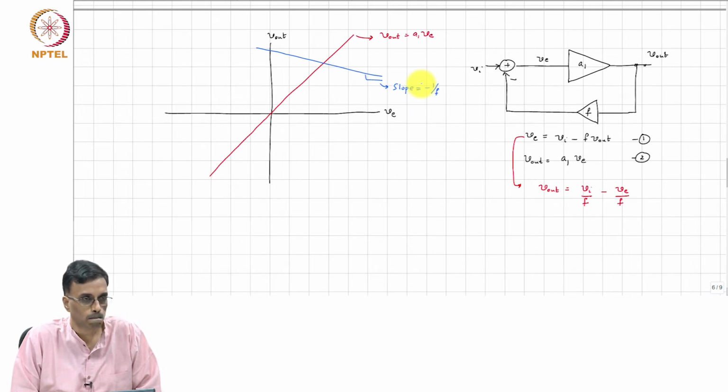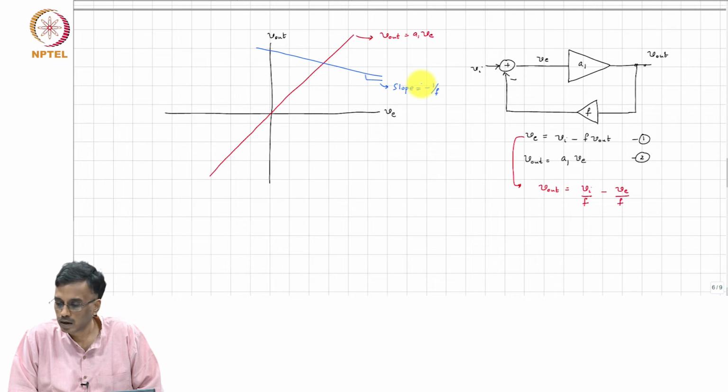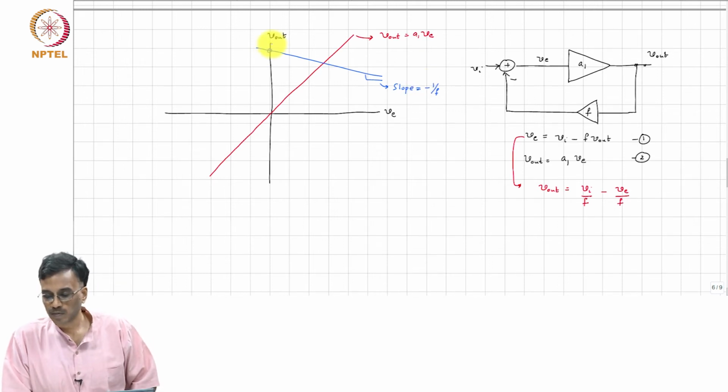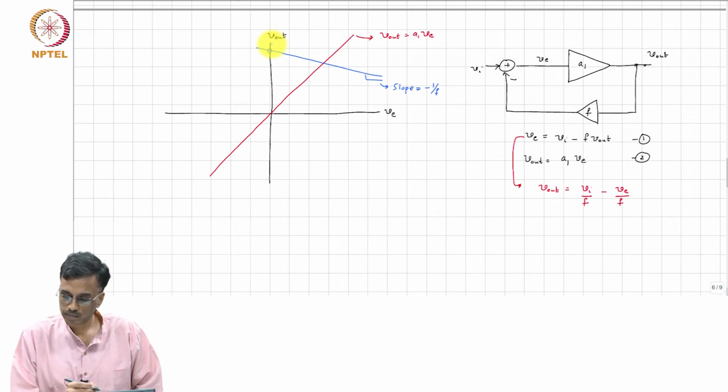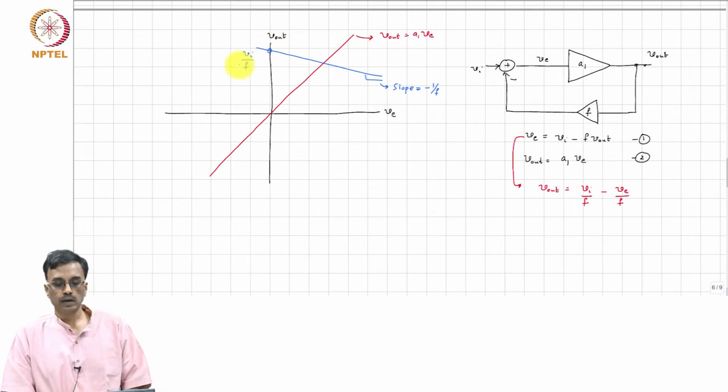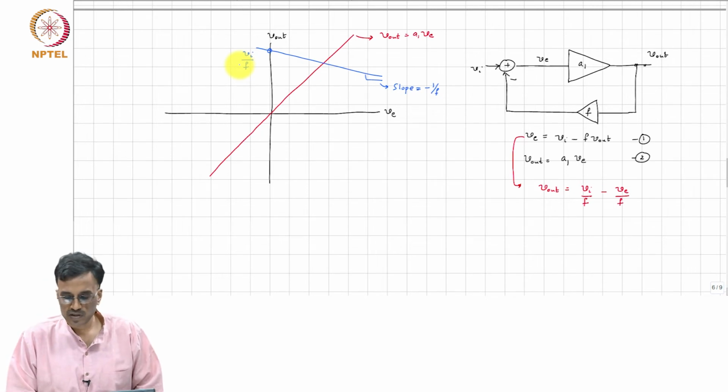All right, and the intercept on the y axis must be Vi by F, correct, and this point of intersection is the solution.